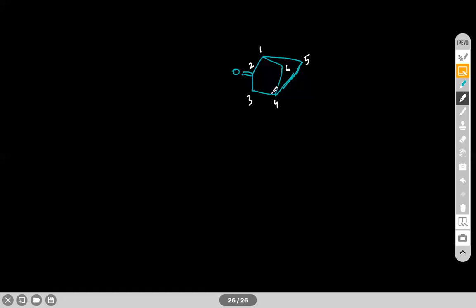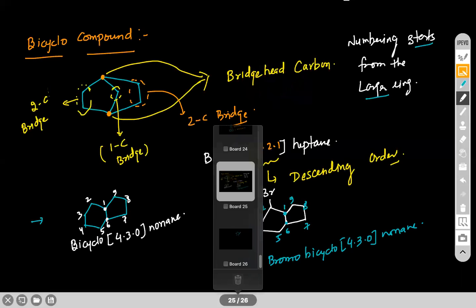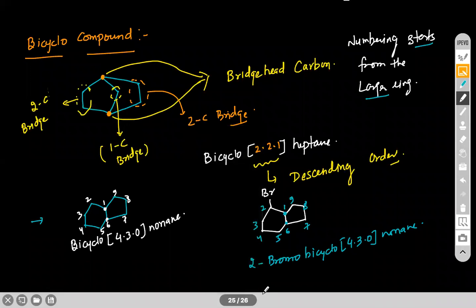In the last, we'll do the bridgehead carbon, this carbon, right? Done.